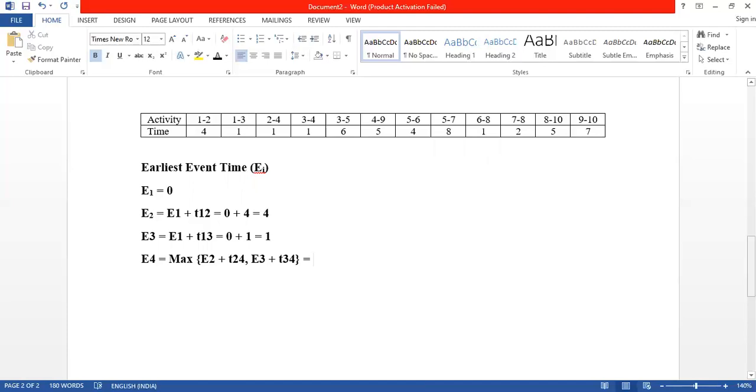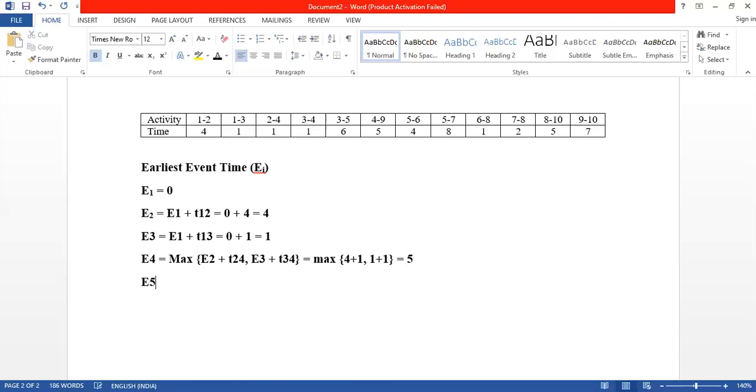So your maximum between E2 is 4 plus T24. See, from here to T24 is 1. E3 is 1 plus T34 is 1. So T34 is 1, right? So it will be 5 plus 2, that means 5 is maximum.